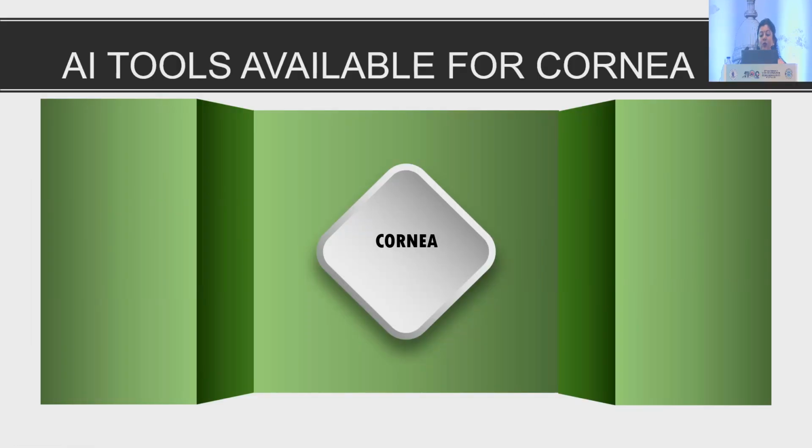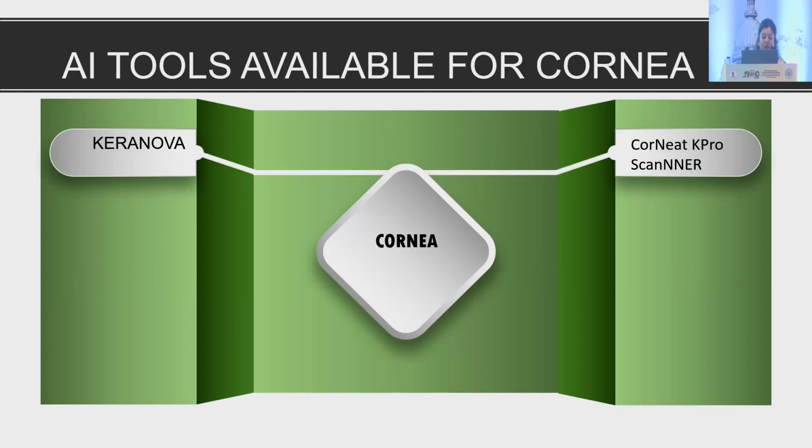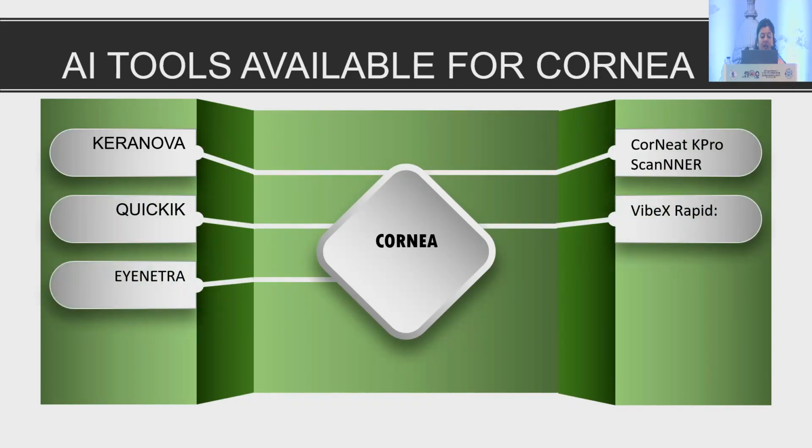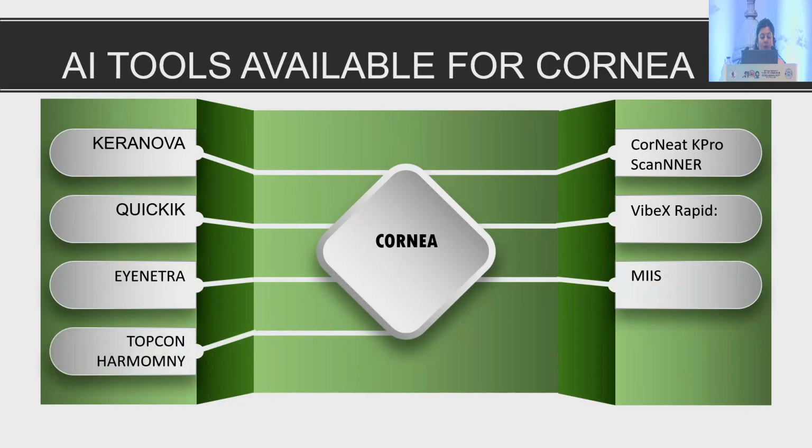Then we have AI tools available for the cornea: Caranova, Corneal Pro Scanner, Quickic, Webex Rapid, iNetra, MIS, Topcon Harmony, and Remedio AIM. iNetra is an AI-powered app that uses a smartphone and a clip-on device to measure refractive errors, astigmatism, and corneal curvature. Similarly, Caranova can be used in performing keratoplasties.